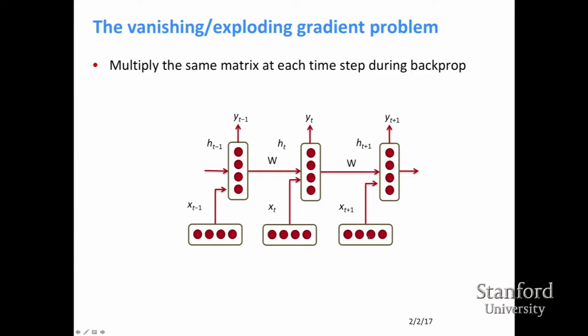Now, as we multiply the same matrix at each time step moving forward in forward prop, we have to do the same thing during backpropagation. Remember our deltas, our error signals, and the global elements of the gradients will at each time step flow backwards through this network. So when we take our cross-entropy loss, take the derivatives, backpropagate, and compute our deltas, the first time step that happened close to the output will make a very good update.